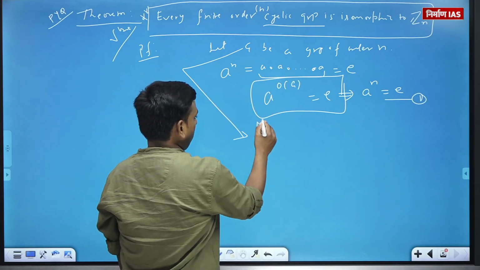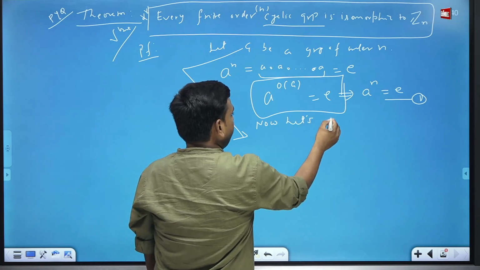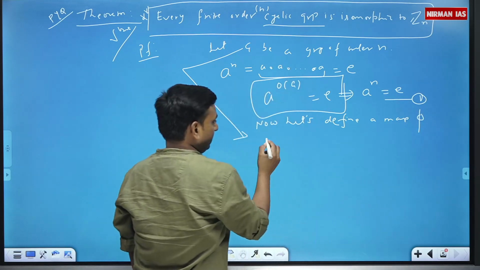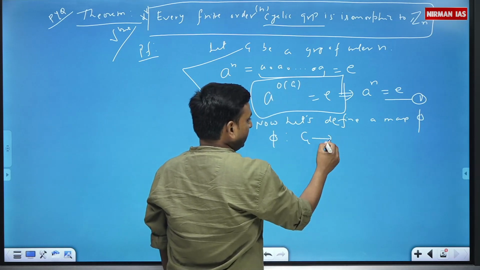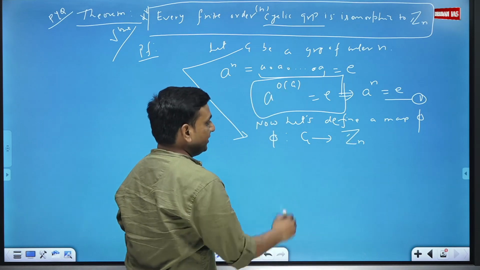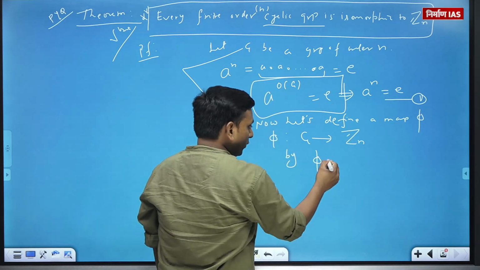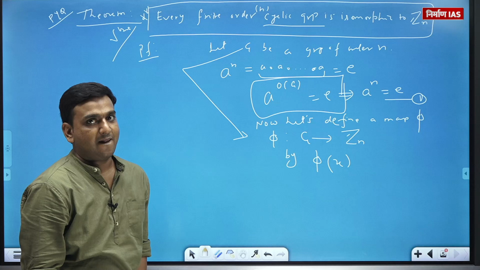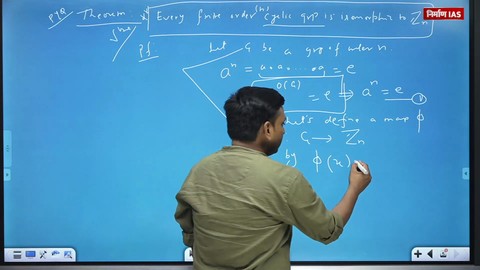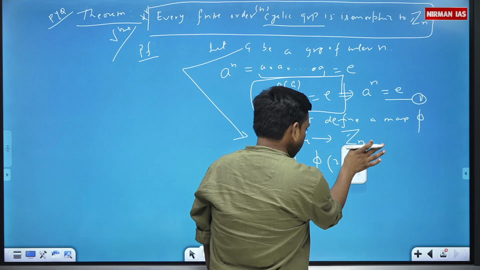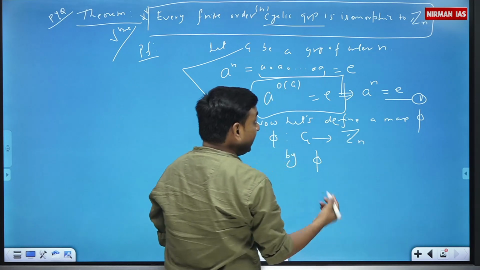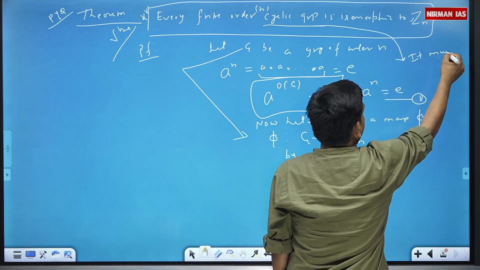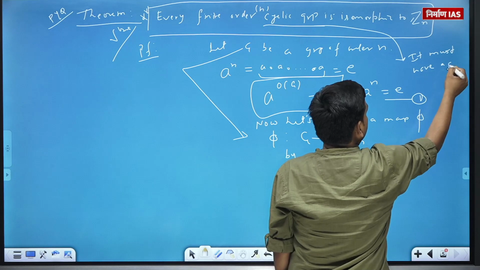Now let's define a map phi from G to Zn by phi of x. Since G is a cyclic group, it must have a generator. Any doubt here?